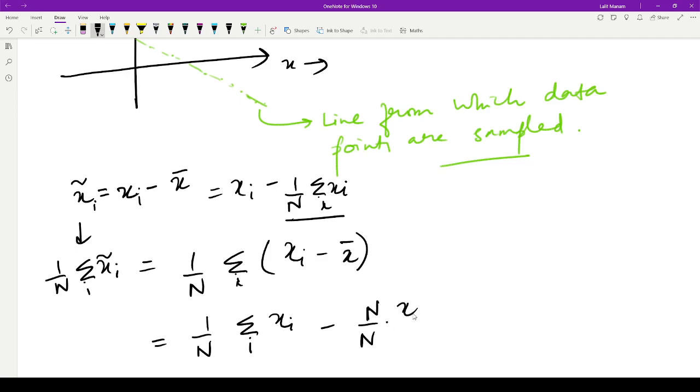So n by n into x bar, which is what? This minus x bar, which is the same, right? That's how we defined x bar. Everyone agrees with that? Yes? No?